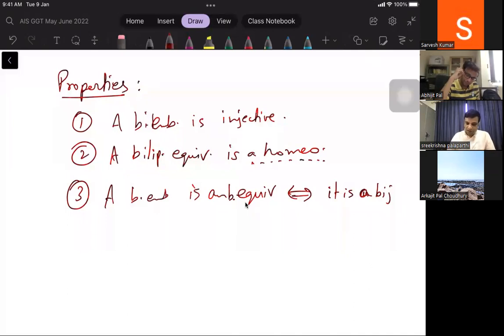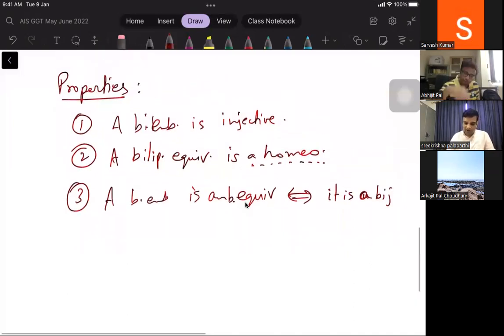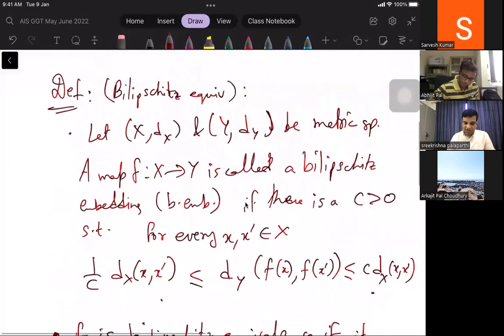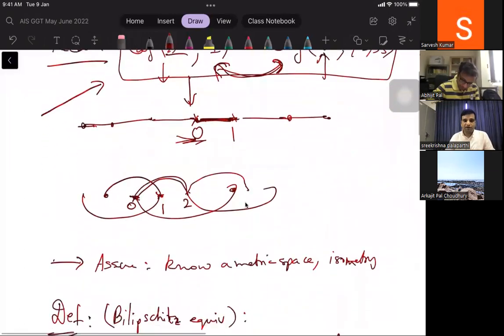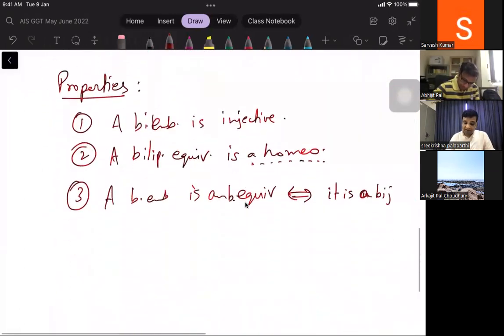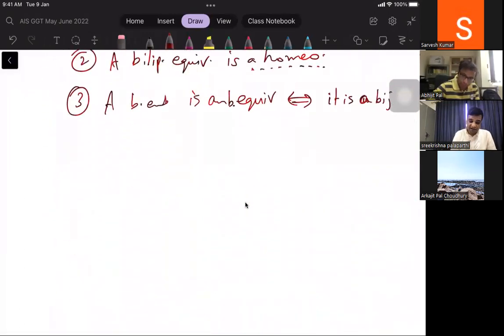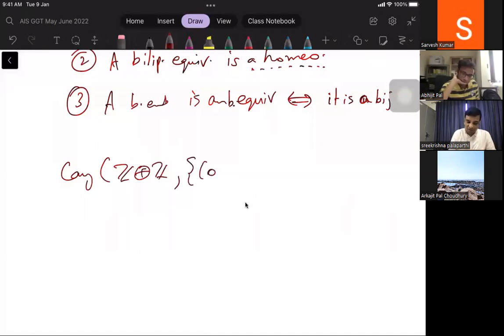Now, having loaded ourselves with this definition, we will once again visit yet another familiar friend of ours, a Cayley graph. Let us look at the Cayley graph of Z plus Z with respect to the generating set (1,0), (0,1).